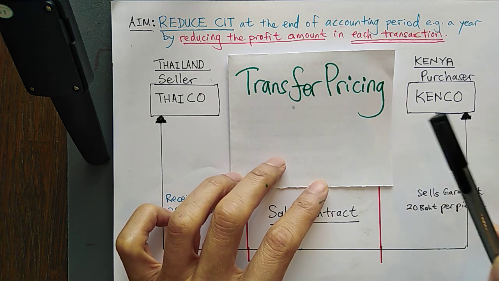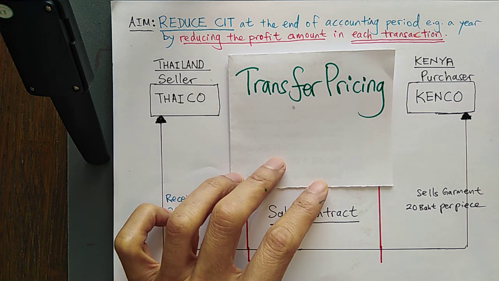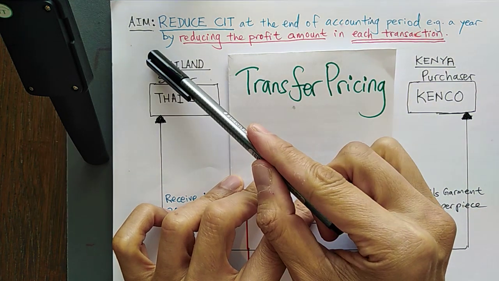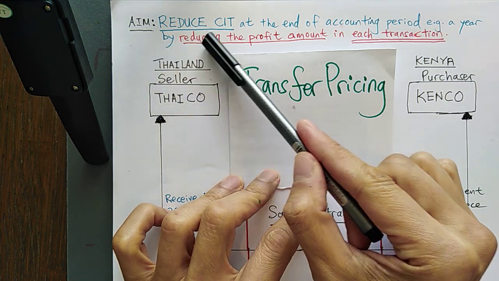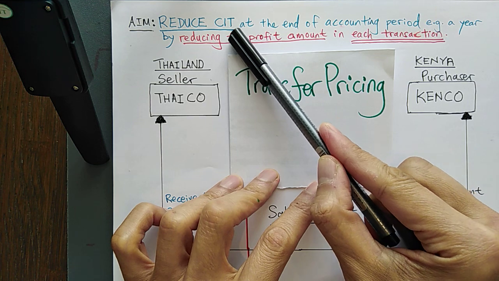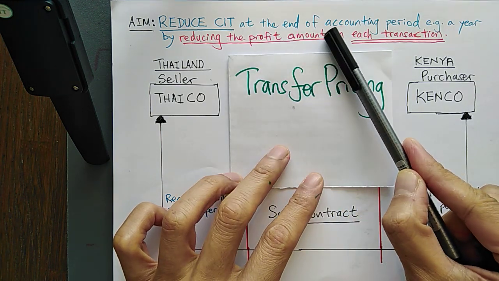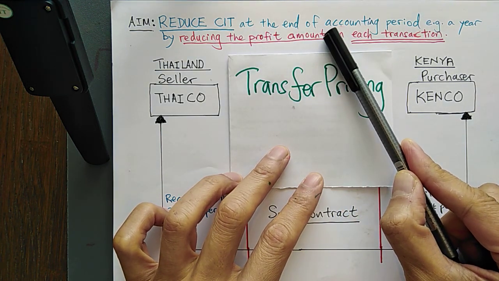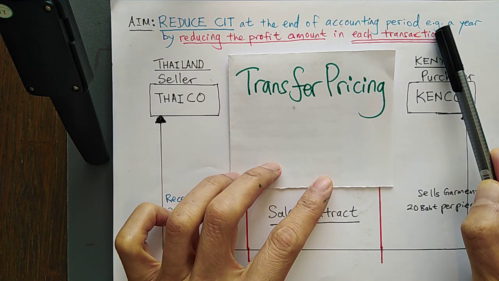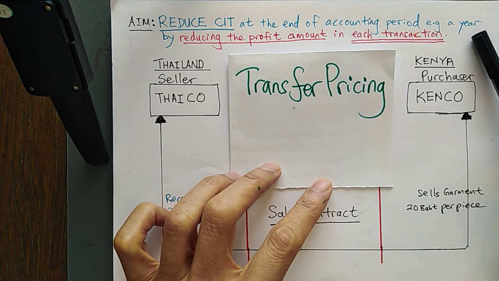Okay, let me just start by first explaining the aim of this technique. The aim of this technique is, of course, to reduce corporate income tax at the end of the accounting period of a juristic person, commonly a year.